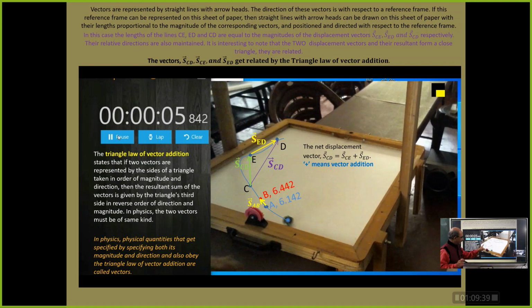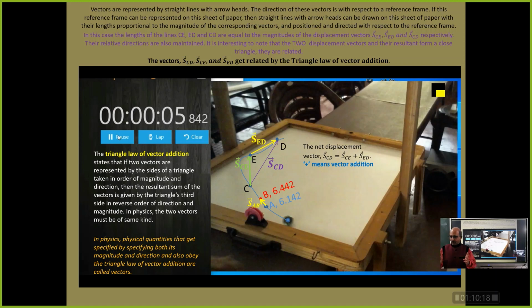Then you take the tail from the point C and draw a vector to D, and that is the sum total. So if SCE bar is representing a displacement vector of 10 units in the direction C to E, and ED is representing another vector whose magnitude is 10 units from E towards D, then the net displacement is from C to D with certain units.